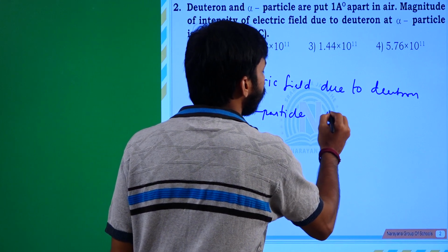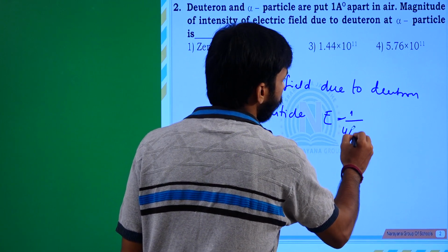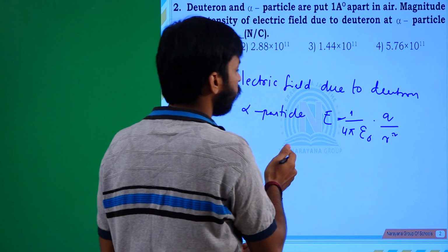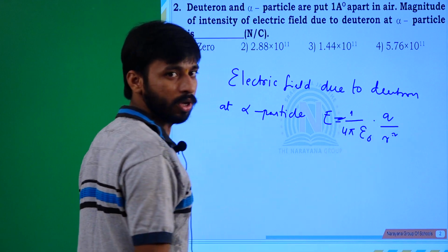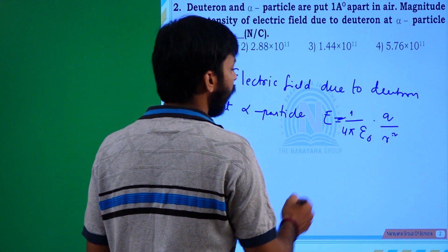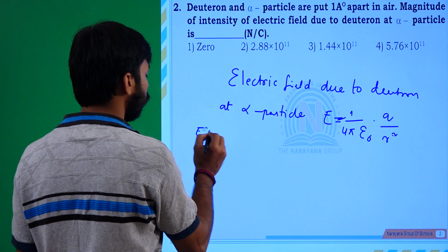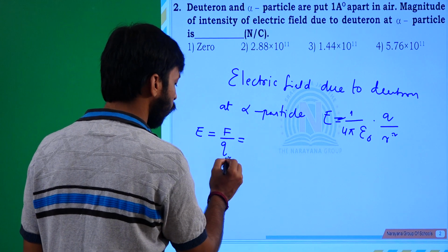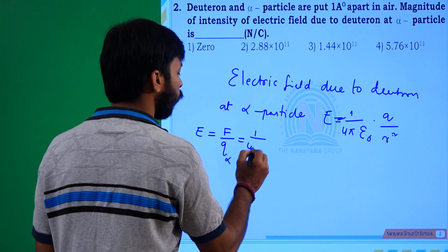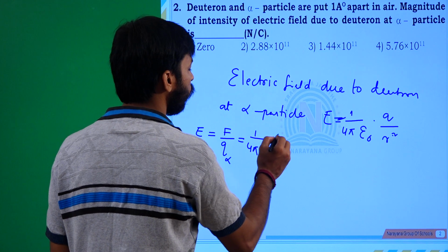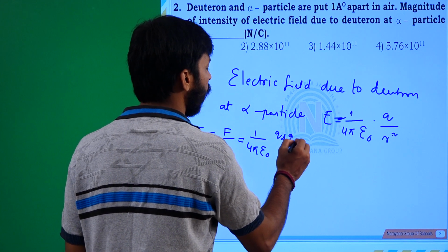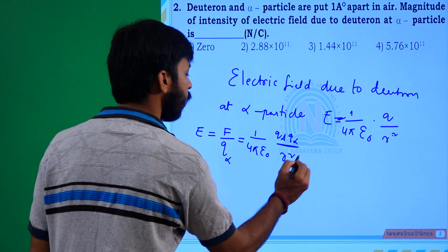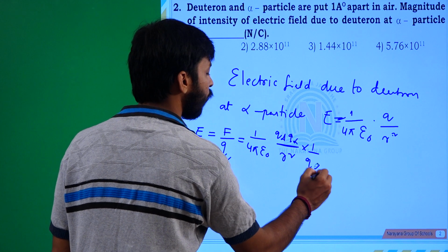You have to take E is equal to 1 by 4 pi epsilon naught into Q by R square, where it is one charge. So E is equal to F by Q, and one Q is cancelled. Already we know F equals 1 by 4 pi epsilon naught into Q deuteron into Q alpha by R square, and Q alpha is cancelled.